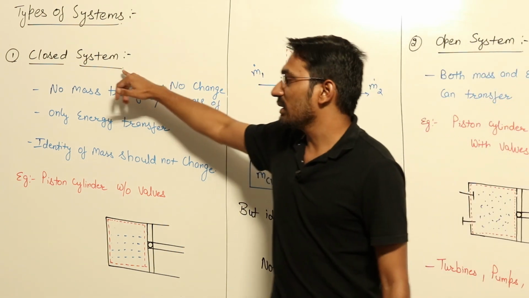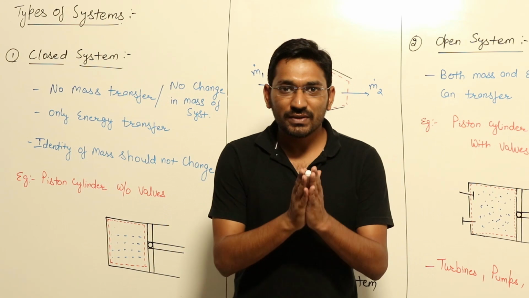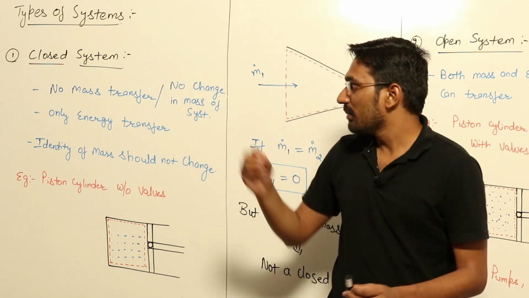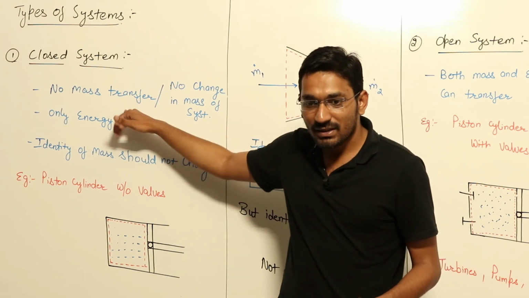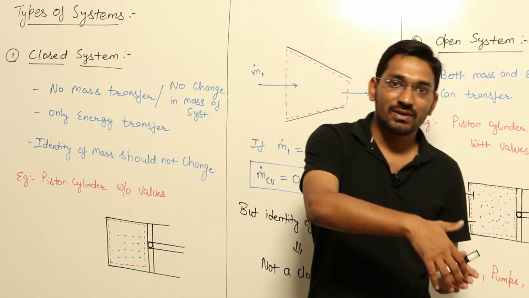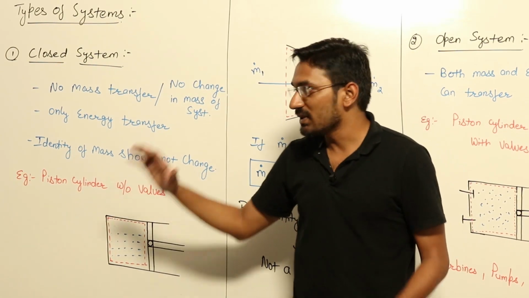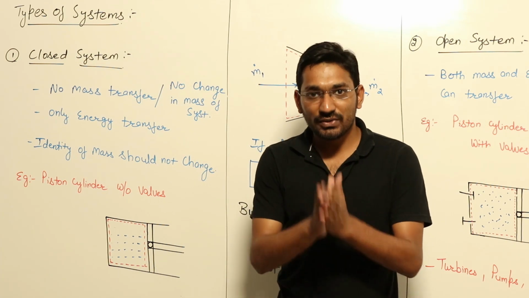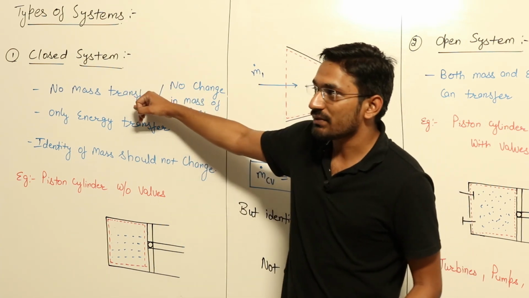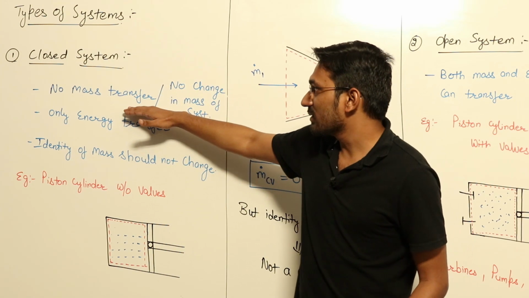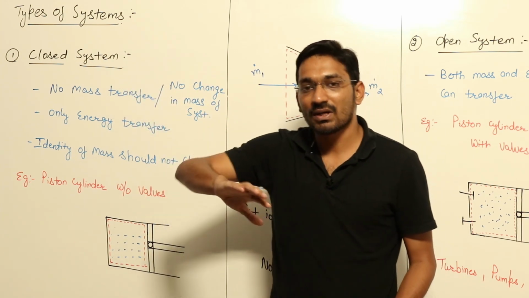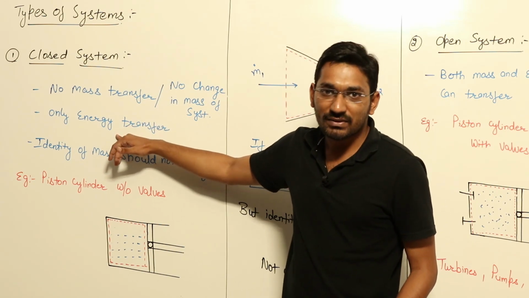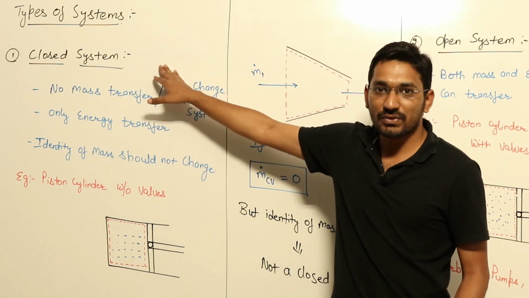Now first of all, what is the closed system? Closed system, as the name suggests, means there is no mass transfer. That means no mass can enter into the system, no mass can go out of the system. Only energy transfer will take place. Those systems are known as closed systems.